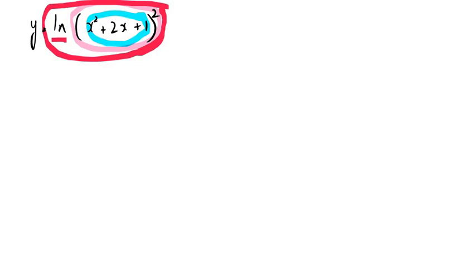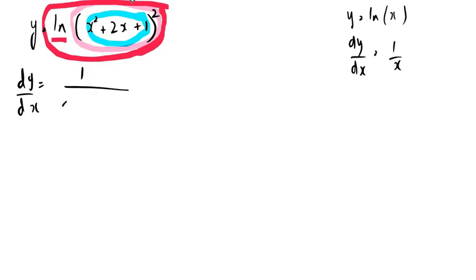Mostly this is your mother function. And then we have the first baby function, which is with the 2. And the second baby function just within this. So the first function, omitting the 2 baby functions, is ln. So we know when y is equal to ln of x, dy over dx is 1 over x.